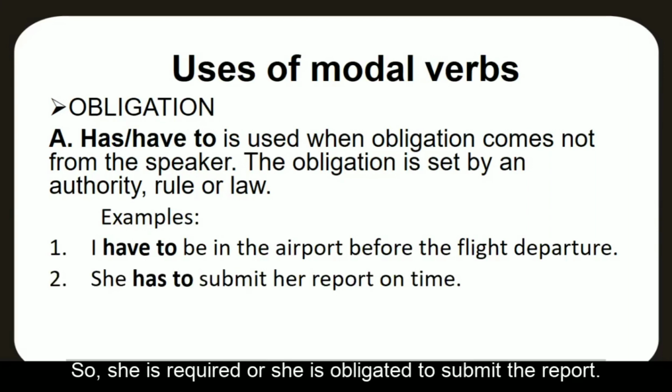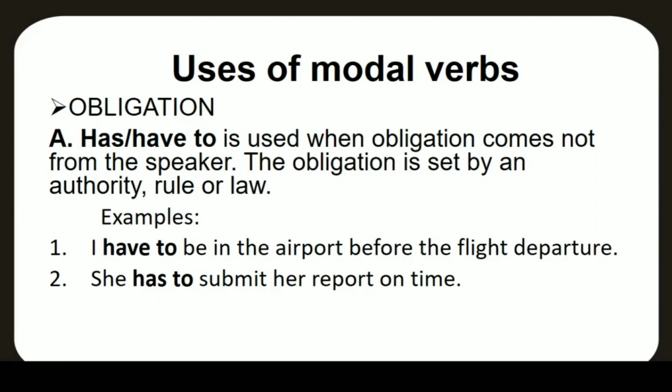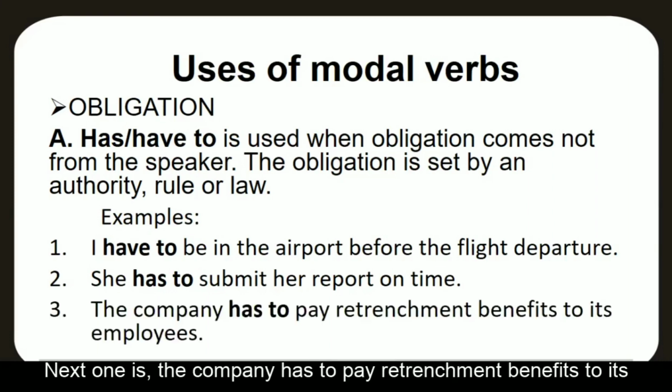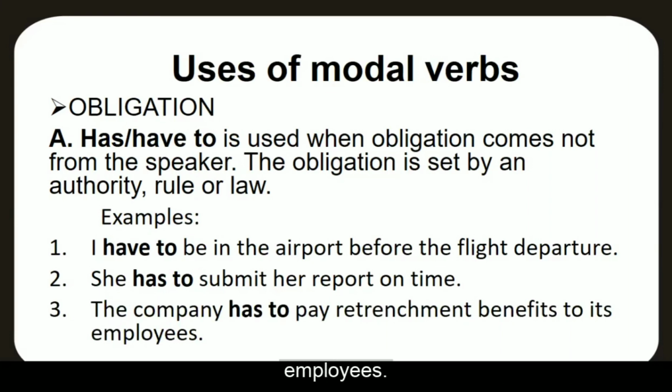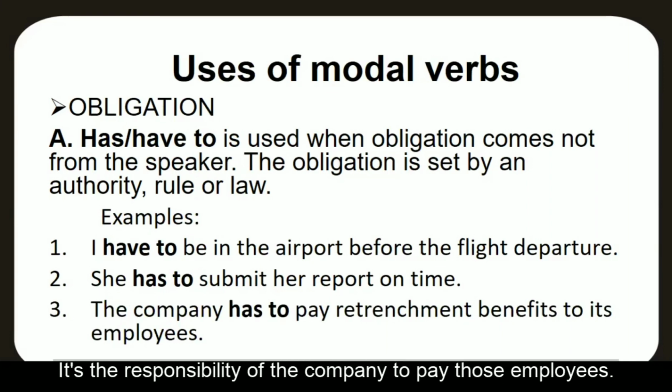So she is required, or she is obligated, to submit the report. Okay, next one is the company has to pay retrenchment benefits to its employees. It's the responsibility of the company to pay those employees.